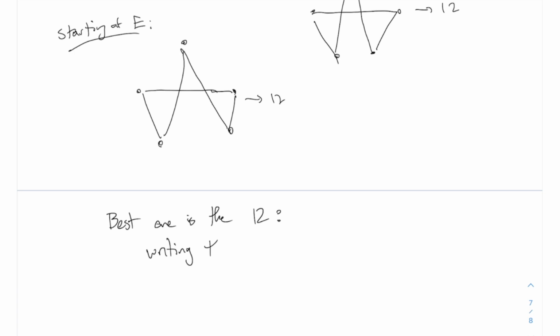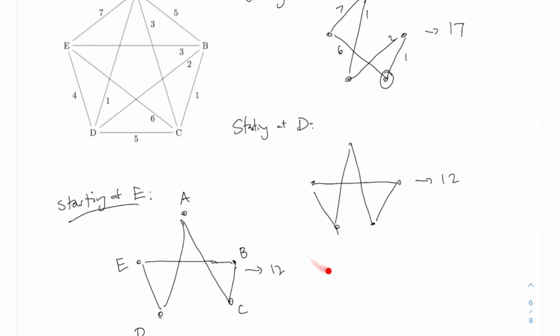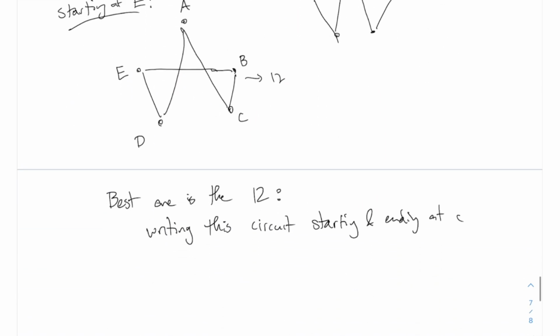Remember the question said, find the best one starting and ending at C. So I write this circuit starting and ending at C. I'm looking at this picture here. Remember the labels went A, B, C, D, E. Any of these you could write if you wanted to as if they started and ended at C. So I'm going to write this one starting and ending at C, and it could go either way around.